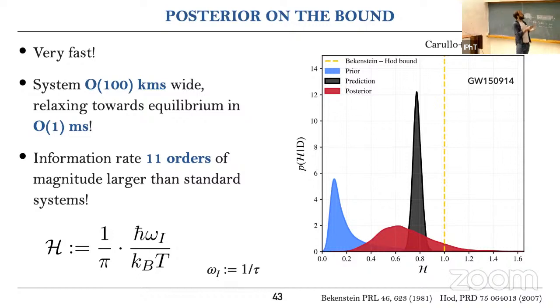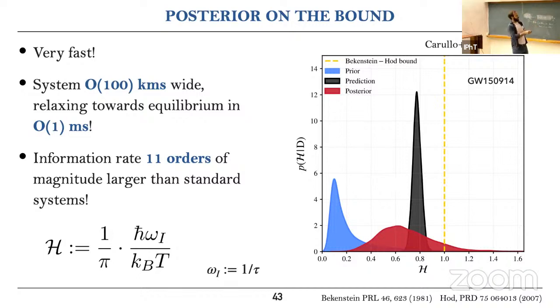For normal systems in the laboratory, this is 10 to the minus 11. For the black hole that we had, we have a paper on this here. The prediction from GR would be the black curve, and what we actually measured was a posterior distribution. This is normalized to 1, so the bound tells you that you have to be below 1. What we actually measured was around 0.6.